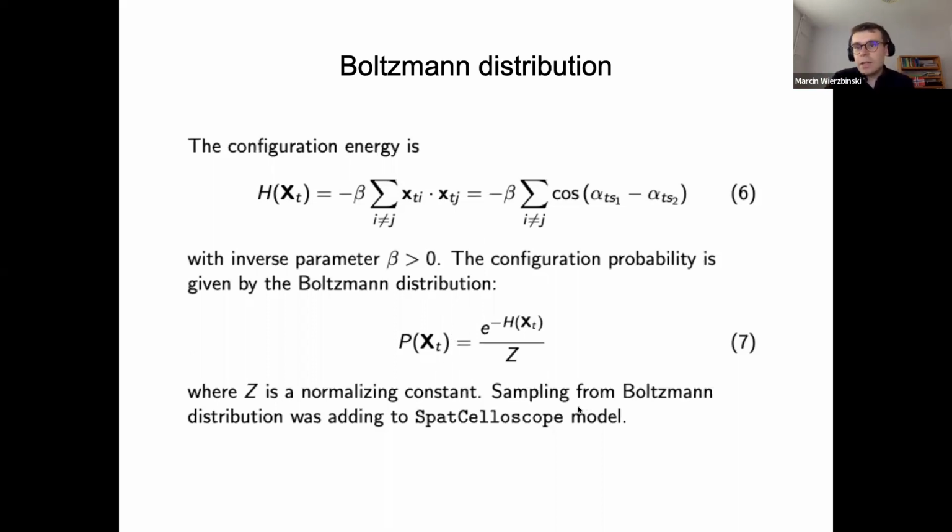And I added the Boltzmann distribution to the Celloscope model. So the alpha ST has a Boltzmann distribution.